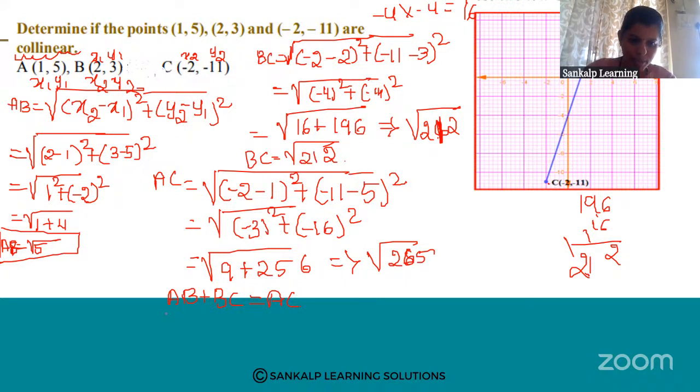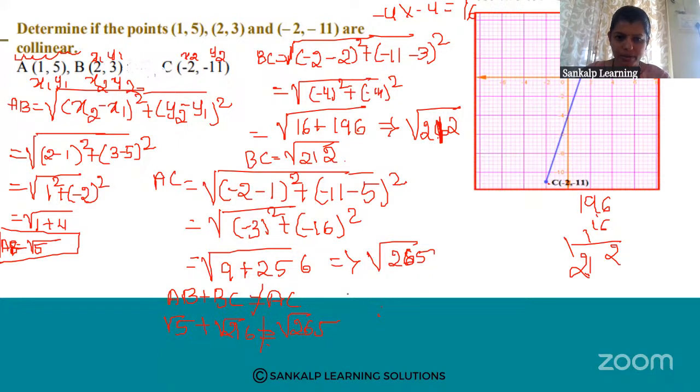So first AB value is root 5 and BC value is root 212. AC value is root 265. So root 5 plus root 212 does not equal root 265. Therefore, AB plus BC is not equal to AC. Therefore, these 3 points are not collinear.